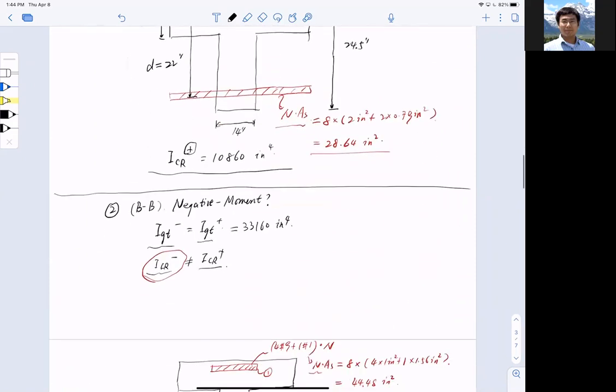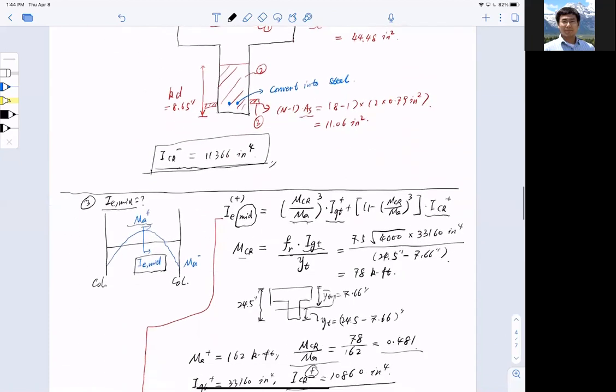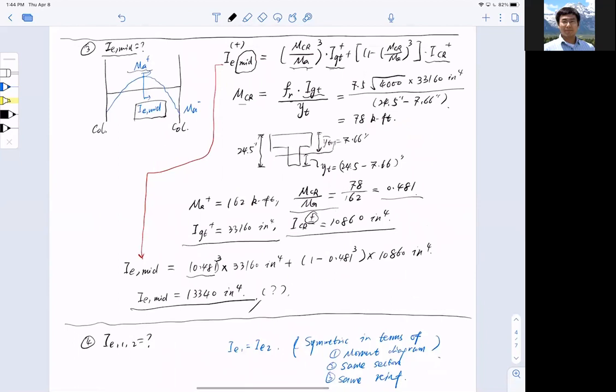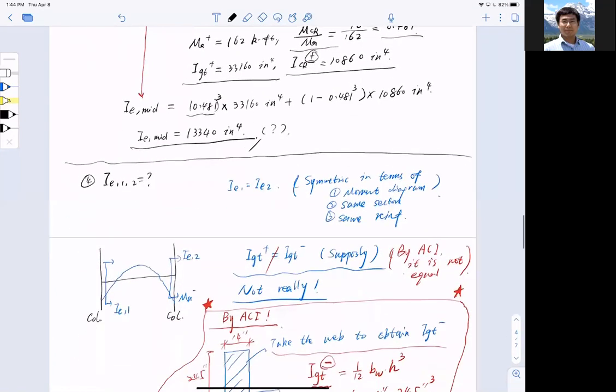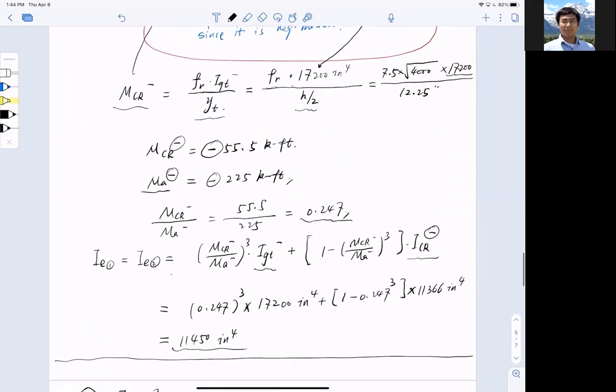You got the IGT and ICR for positive bending moment, and you also got IGT and ICR for negative bending moment. With these 4 numbers done, what you did is you plug in the IGT and ICR positive to get I_E mid, and you plug in IGT and ICR negative to get I_E1, I_E2.